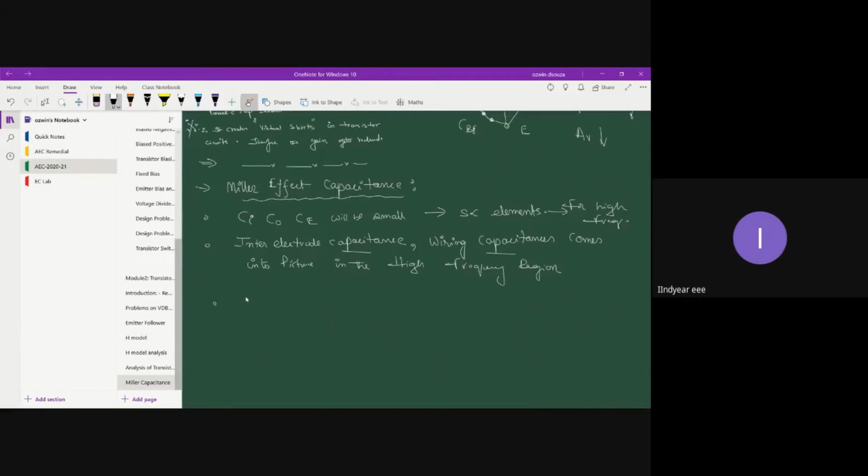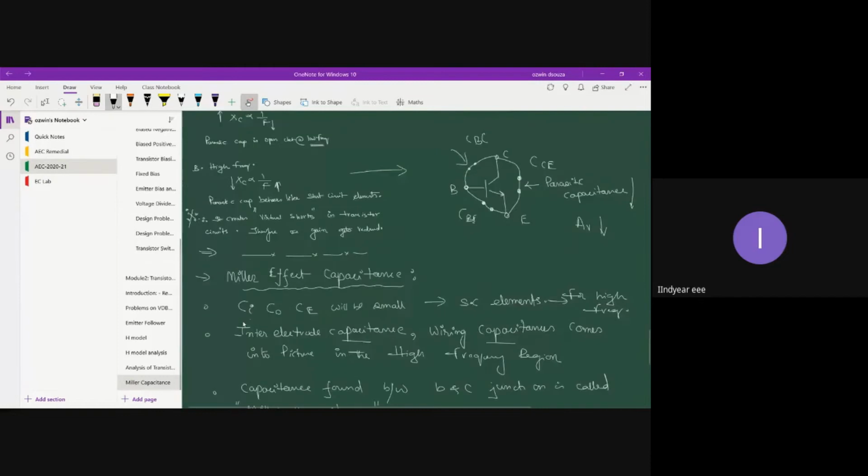Now, the capacitance found between base and collector junction is called Miller capacitance. Base and collector is this one. This is your Miller capacitance.